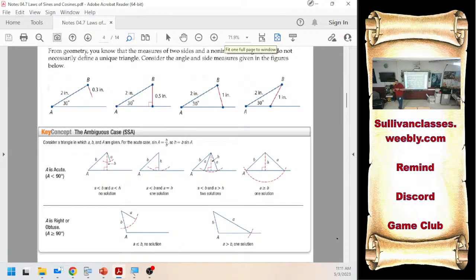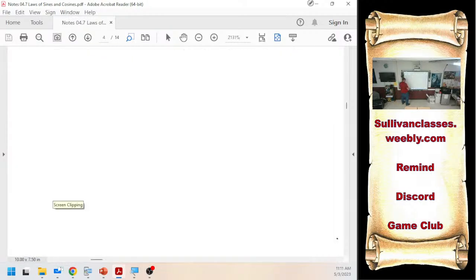So we have to deal with this possibility that when we're doing arc sine, because it's only going to give me acute angles, but there's possibly obtuse angles in triangles, I have to take into account certain things. So when we have angle, side, side, there's two possibilities with the angle that we're given.